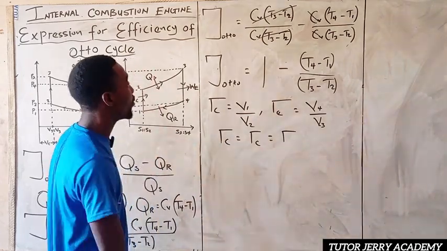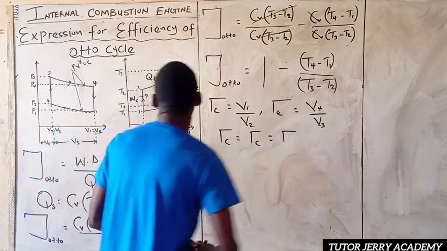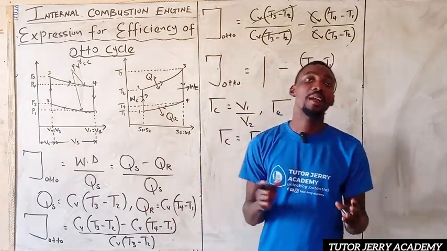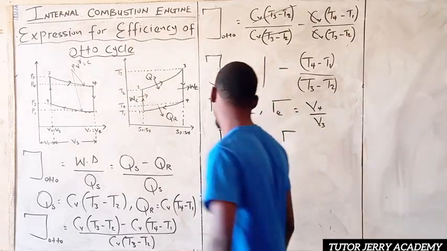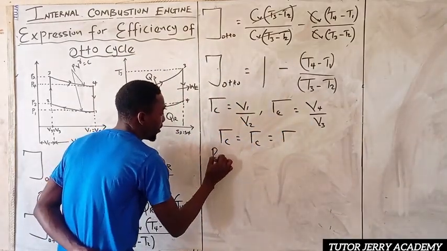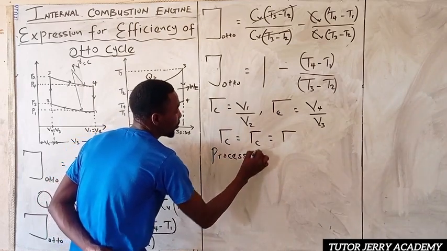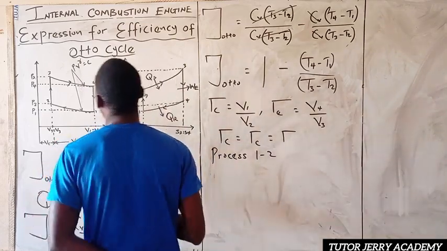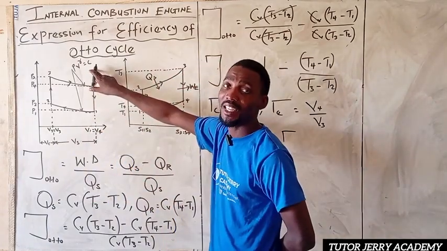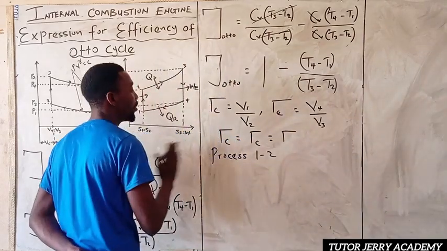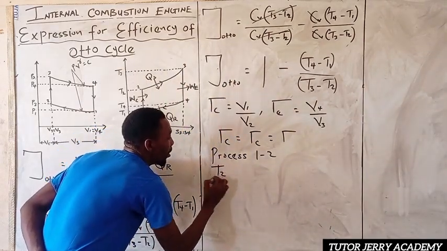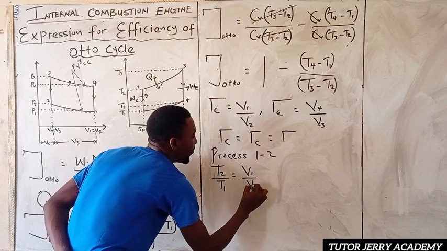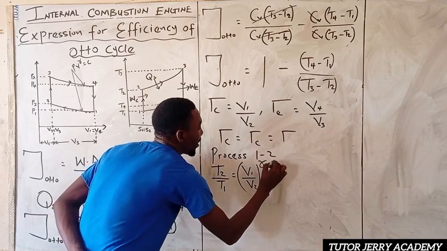So now the next thing we are going to look at, we are going to go to process 1 and 2. From process 1 to 2, we are going to relate temperature and volume there. We know that process 1 to 2 is nothing but an adiabatic process, right? So to relate temperature and volume, it's going to be T2 all over T1 equals V1 all over V2 all to the power of gamma minus 1.